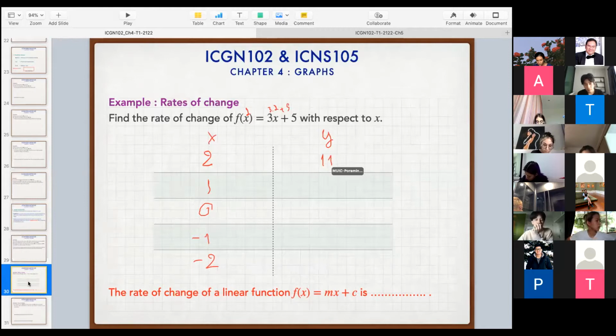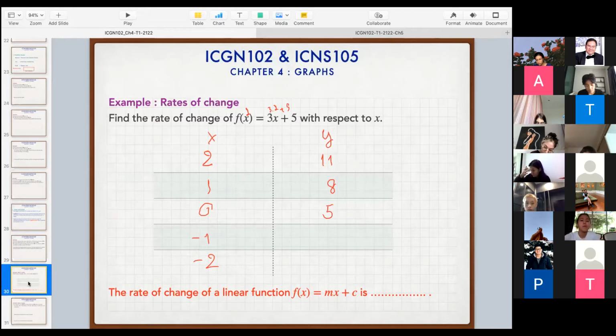When x is 1, y is 8. When x is 0, y is 5. Right, okay. When x is -1, y is 2. And when x is -2, y is -1. You just substitute the value of x in the function, and then you get the value of y.